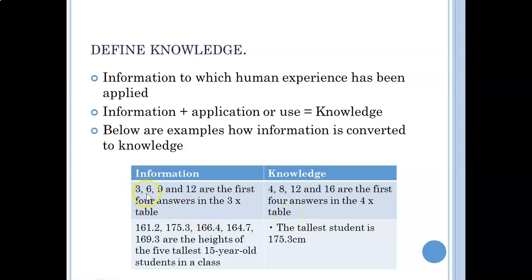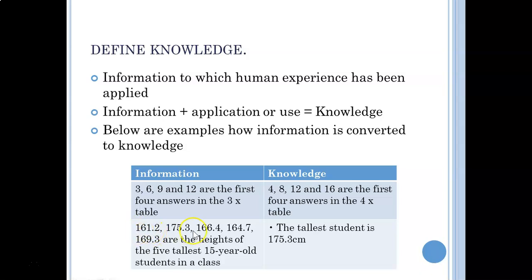So we know that because if we look at this information here, if you start with 3, we can see that for the 3 times table, you're going up in 3s. So we can use that knowledge to look at the 4 times table. We can start at 4 and then know to add 4s to these values. So we can use this information and apply it to a different number in the times table.